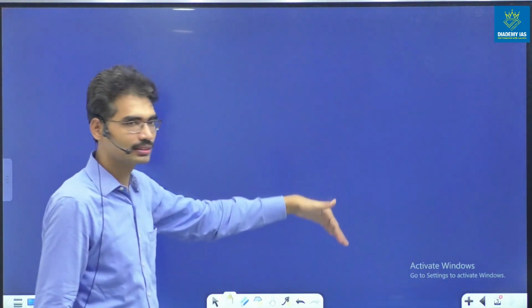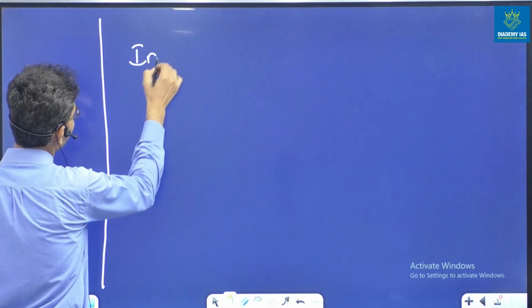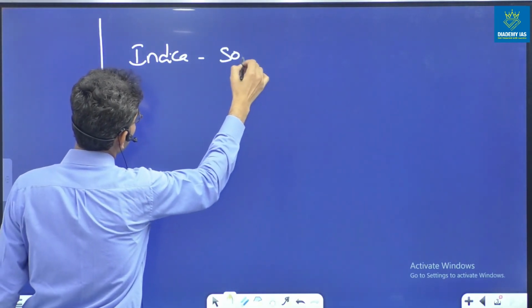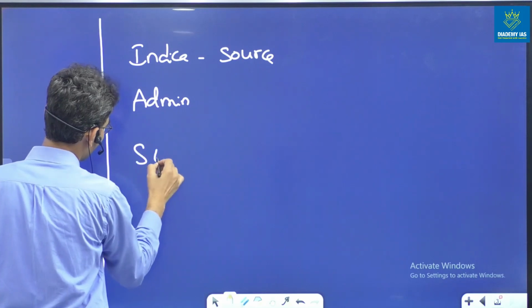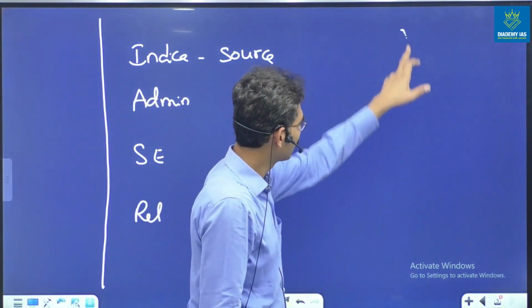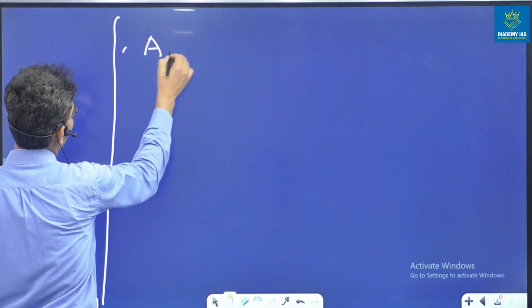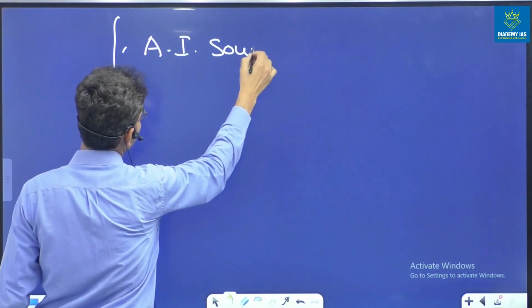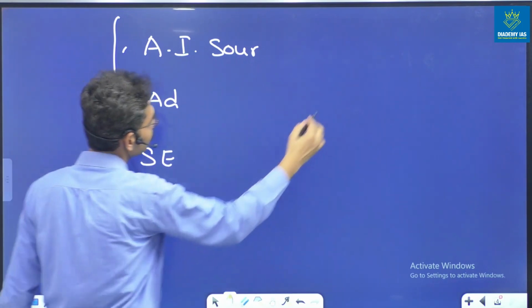Now same is the case, you just repeat for Indica. Indica as a source, and once again administration, socio-economic, then religion. That is also done. Now the same thing you apply for the Ashoka inscriptions as a source: administration, socio-economic and religious life.